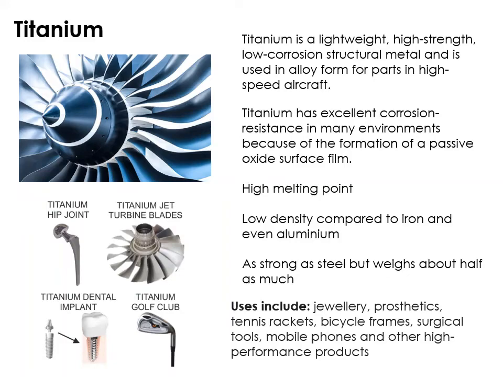It is very lightweight, it's very strong, used in high quality golf and sports equipment, bicycle frames, surgical tools. But think about it as quite often the step up from aluminium, very expensive, but it's for high performance products.